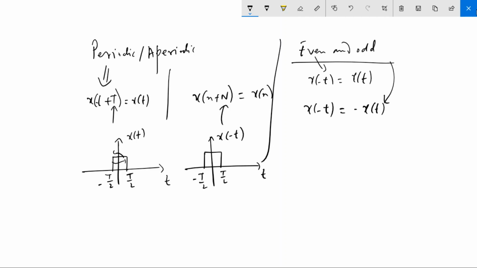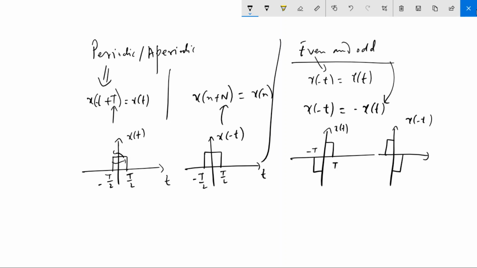And you might have a signal like this, x(t) from -T to T. If I fold it, I get x(-t). After folding, this portion will come here and this portion will go to this side. Now they are not equal, so this is not an even signal.